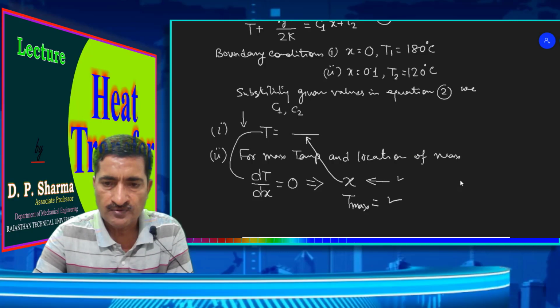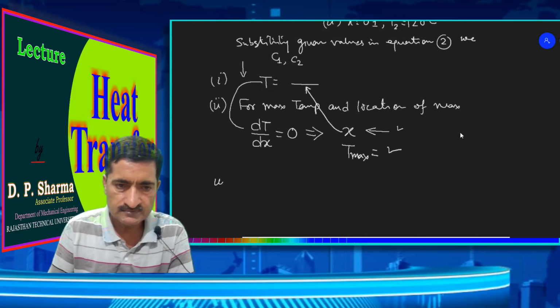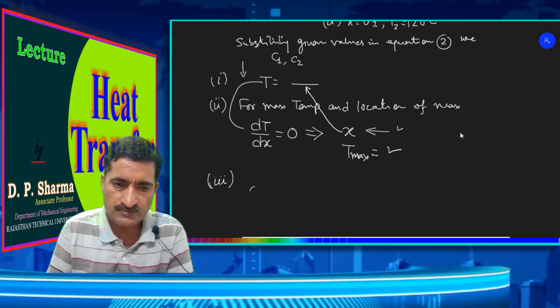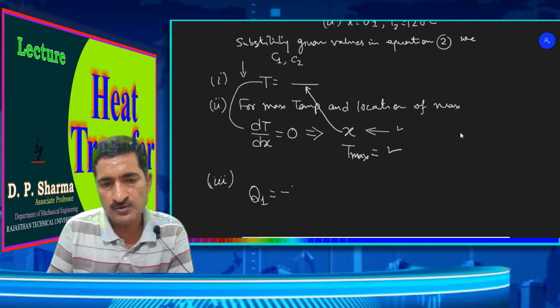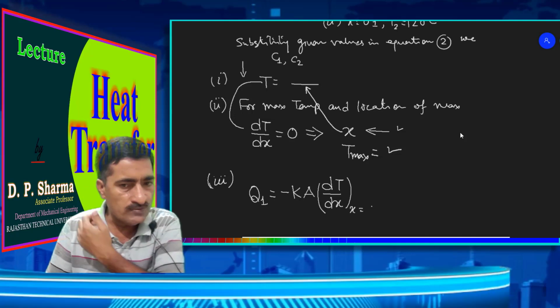Now for part third, heat transfer from one side means Q1 equal to minus K, area, into dT by dx at x equal to 0.